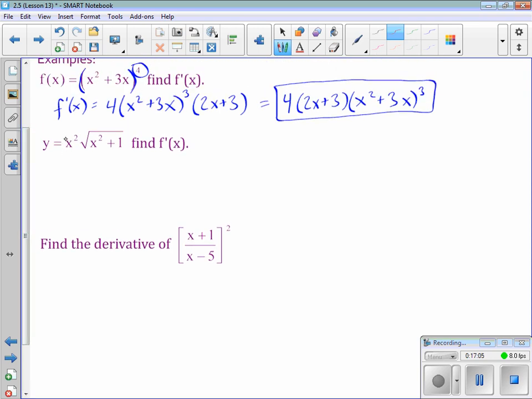This is actually two separate pieces. So what rule am I going to have to use from the other day? Product rule. So let's just rewrite my y. So my y is x squared times x squared plus 1 to the 1/2 power. And then we're going to use the product rule on it. But within the product rule, we're using the chain rule, okay?